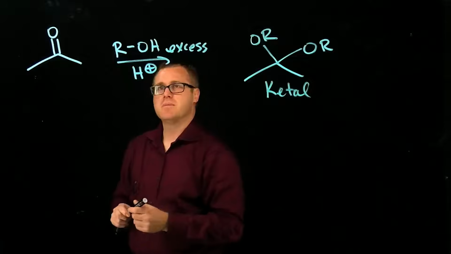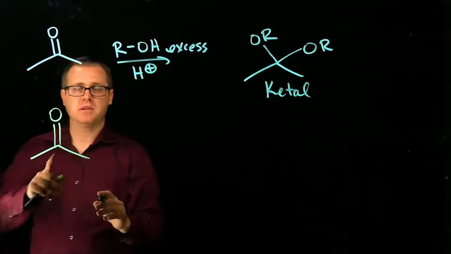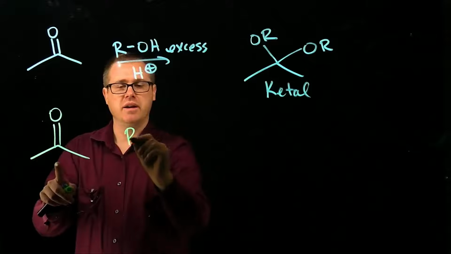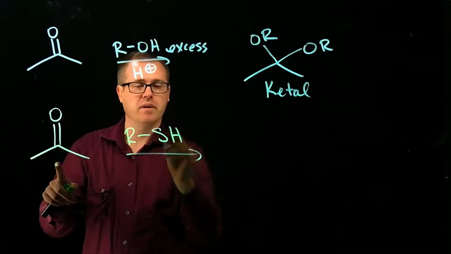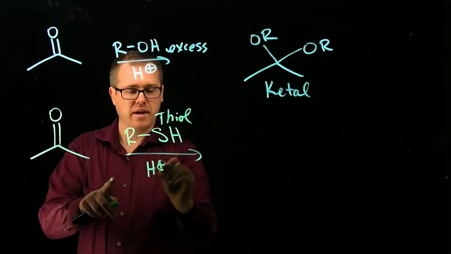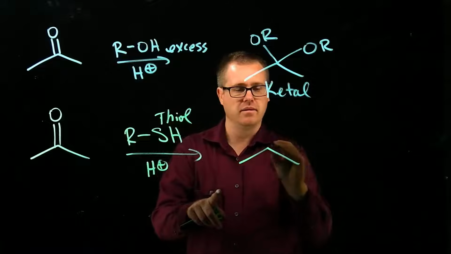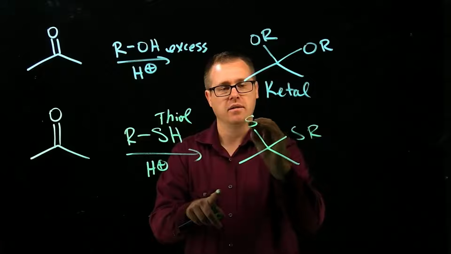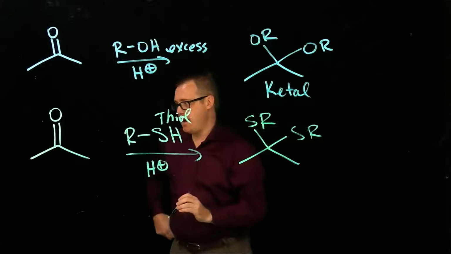But look at this. What if I take the same starting material and then just replace this oxygen right here with a sulfur? And that is our thiol. Add a little bit of acid. What are we going to get? Do you see that?